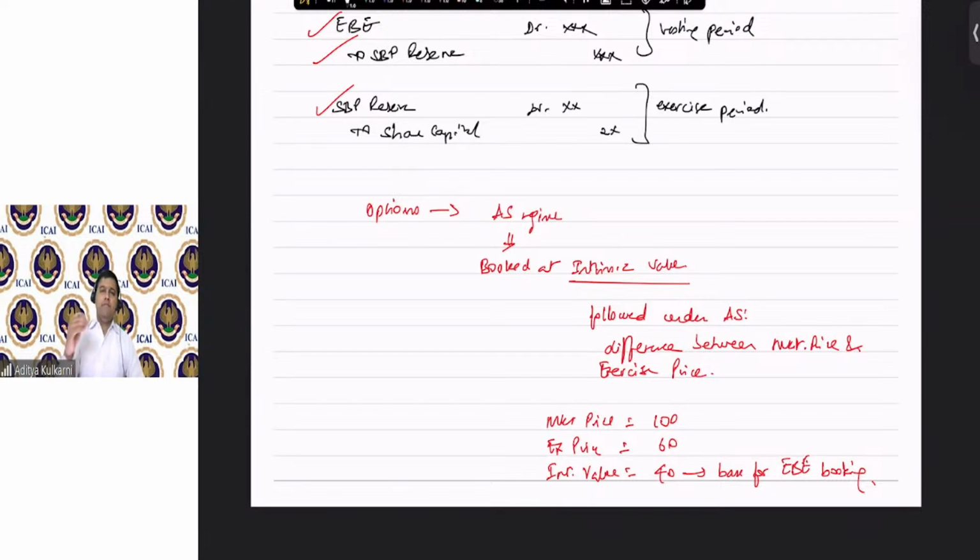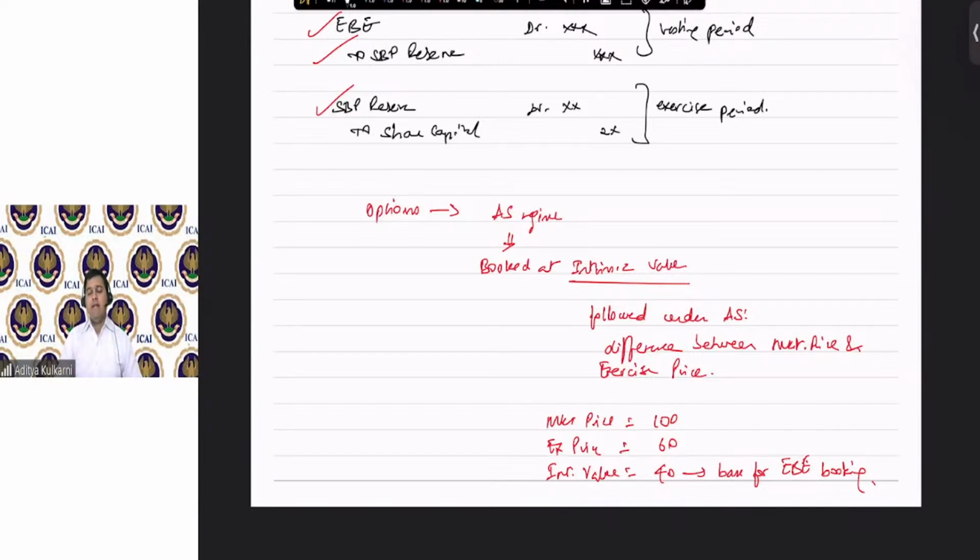See, when I talk about stock options under the accounting standard regime, there was no standard. It was based on the Institute's guidance note, and there the employee benefit expense was calculated on the basis of something known as intrinsic value. What is intrinsic value? The difference between the market price and exercise price on that date would be your intrinsic value.